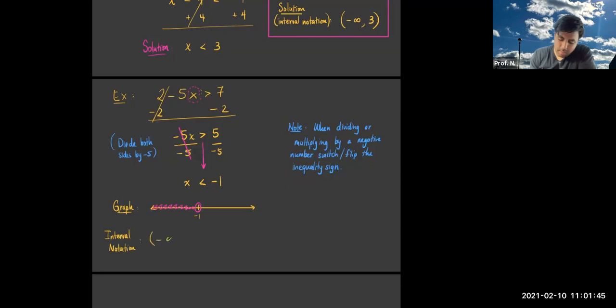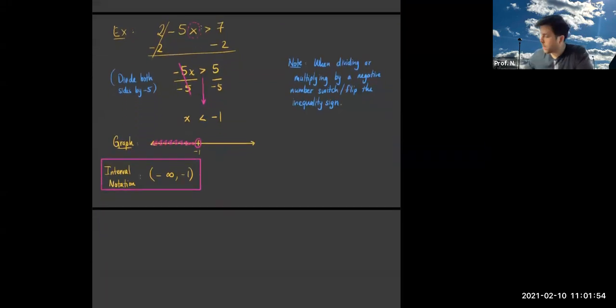It would be -∞ to -1, open parenthesis. Okay? Does that make sense? Is that straightforward enough? Okay, good.